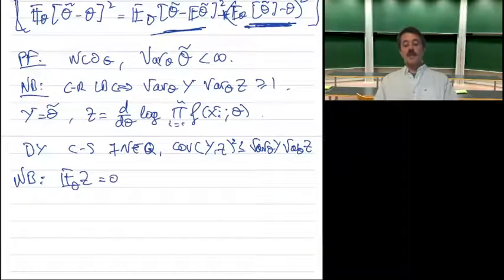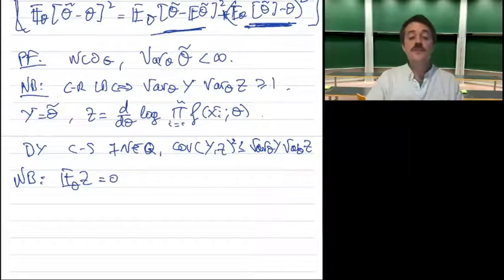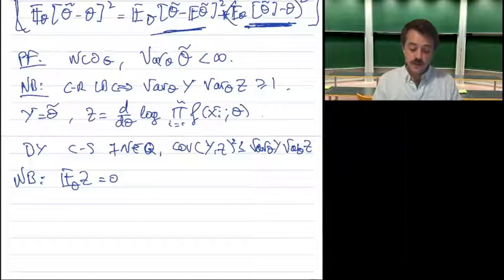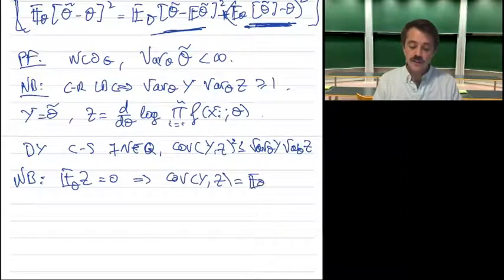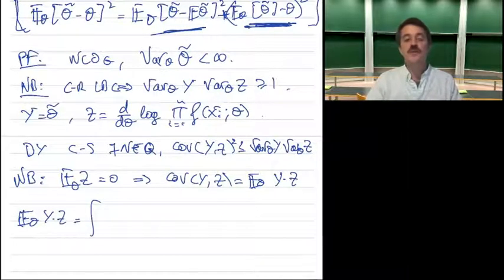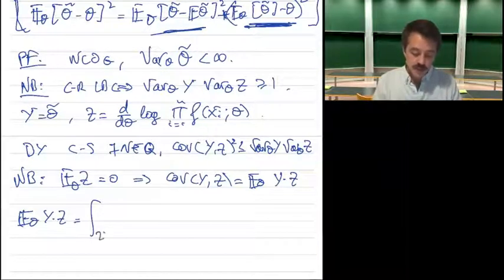And so this means, of course, that the covariance of y and z is just the expectation under theta of y times z. Now this expectation of y times z, let me do this again for the continuous case, but it's the same calculation for the discrete.